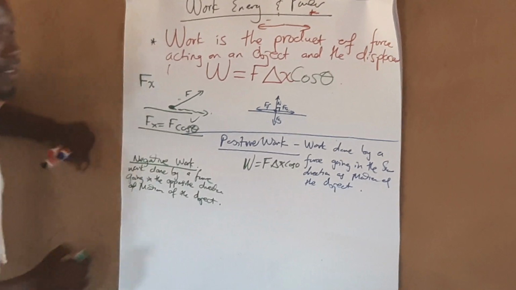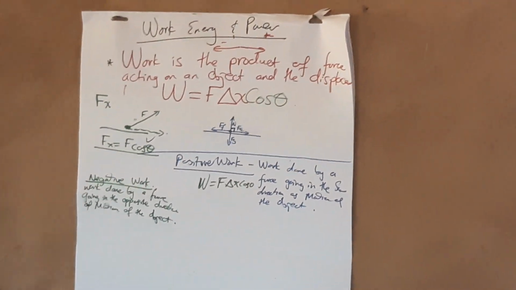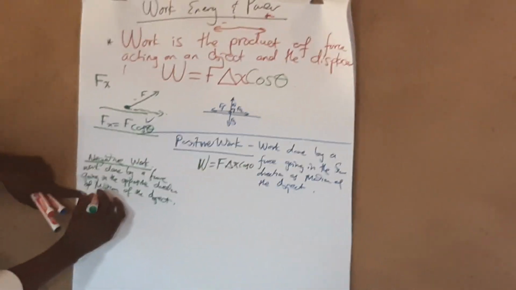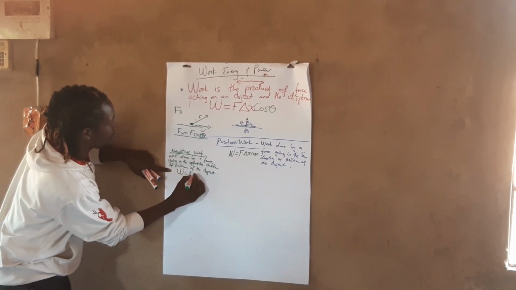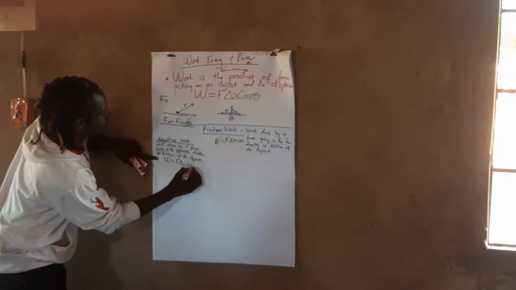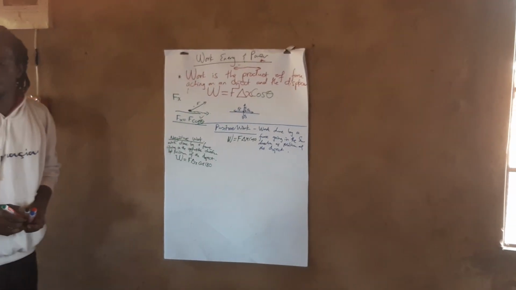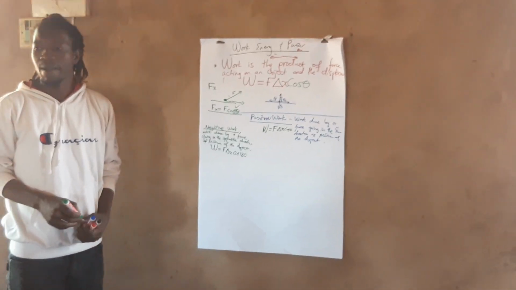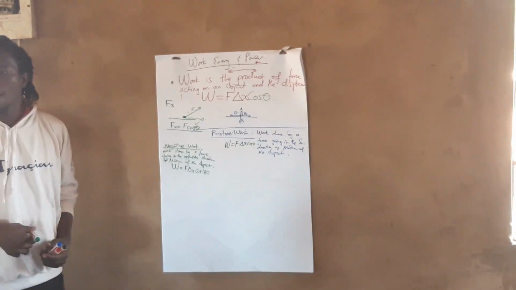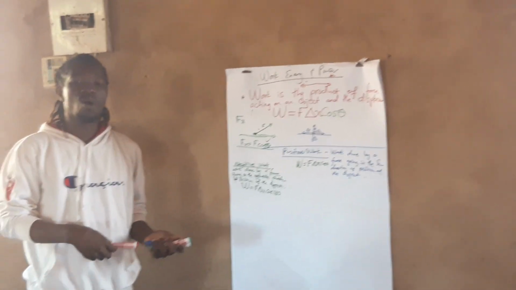Is it making sense? So that is negative work. So it means that our work will be equal to F change in x cos 180. Right? Because 180 is accounting for the direction.